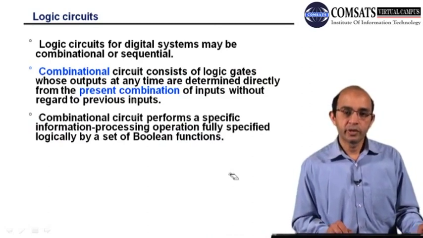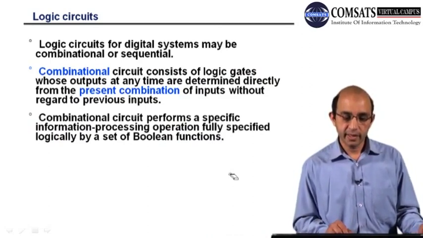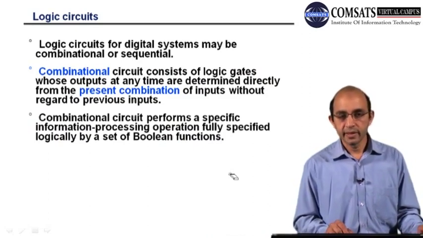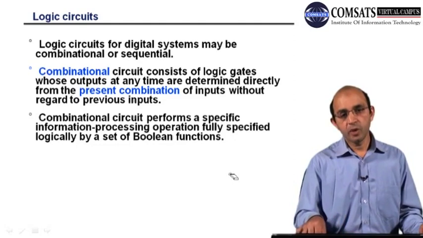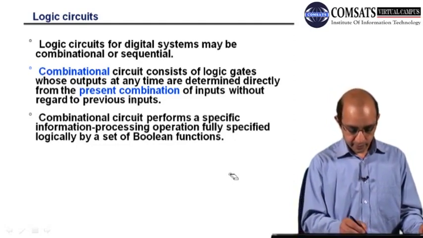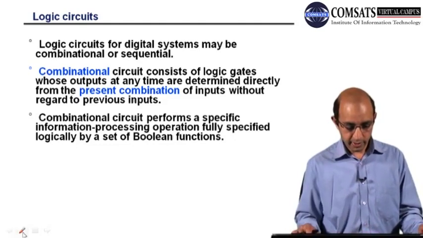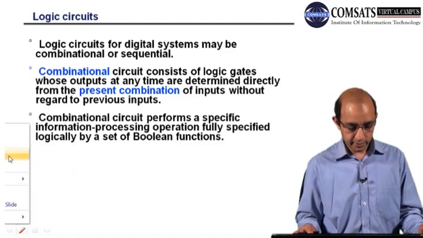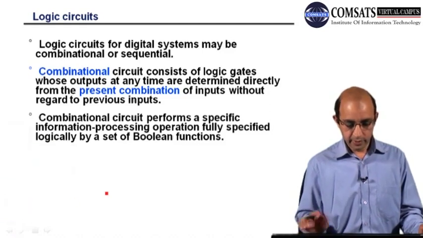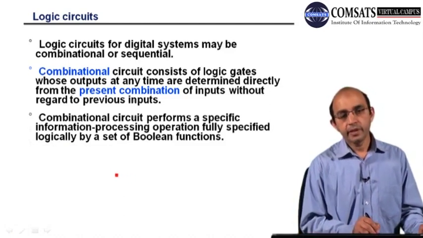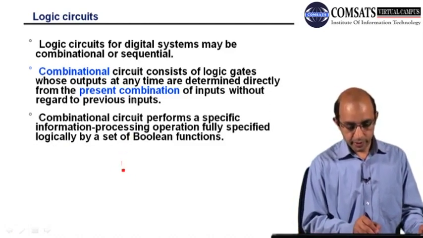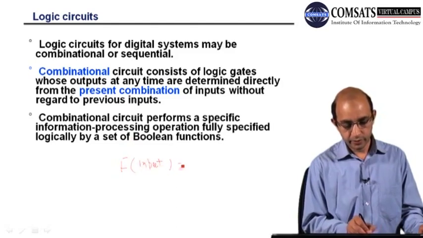So when we talk about logical circuits, we have two types of circuits: combinational circuits and sequential circuits, right? In combinational circuits, let me select the pen, the output is a function of input variables.